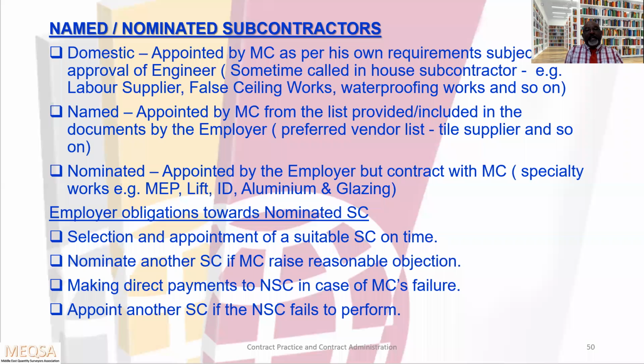Third, making direct payment to the nominated subcontractor in case of the main contractor's failure. And appoint another subcontractor if the nominated subcontractor fails to perform. So these are the obligations of the employer towards the nominated subcontractor.